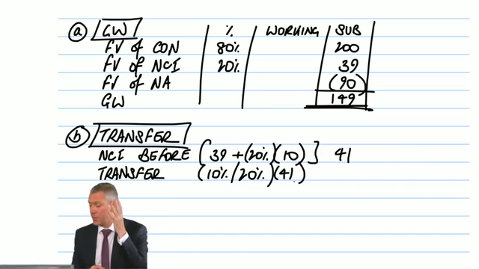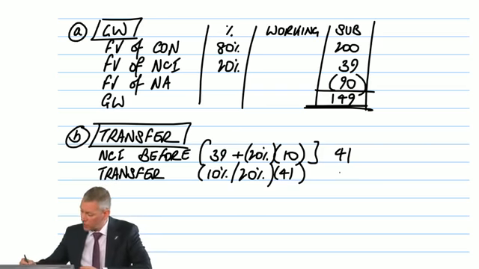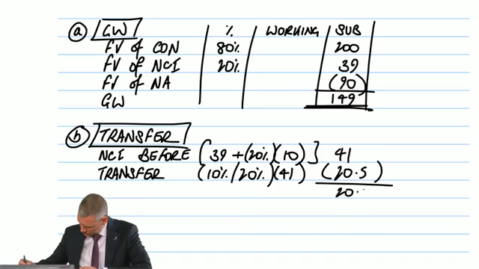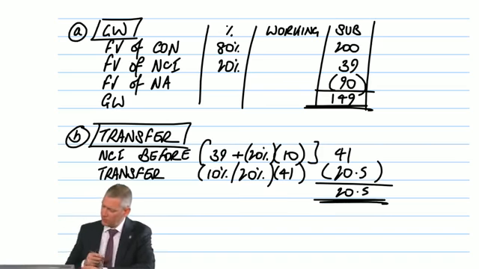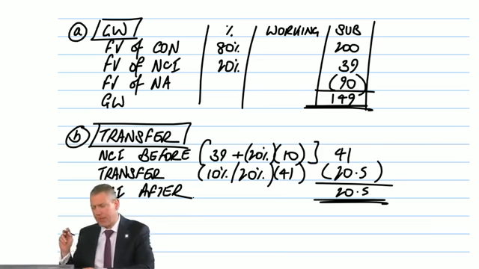So 10% to 20% is actually really a half. So we've got a half of 41, a little bit awkward figure, 20.5. So they keep their 20.5 and we take our 20.5.